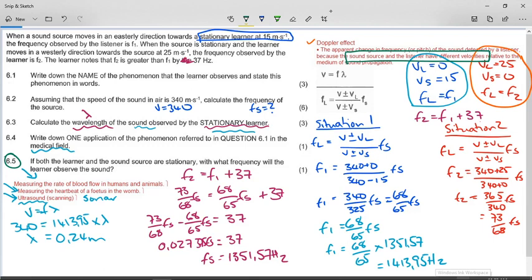If you are both stationary, you have no relative motion, so the frequency is exactly the same as the frequency of the source, okay? So what is the frequency of the source? 1351,57 hertz, okay? So you will hear exactly the same sound that the source is making. You'll hear exactly the same frequency because you have got no relative motion.